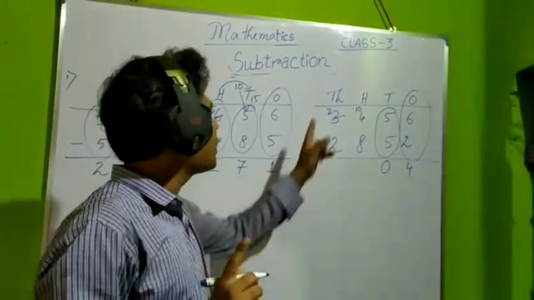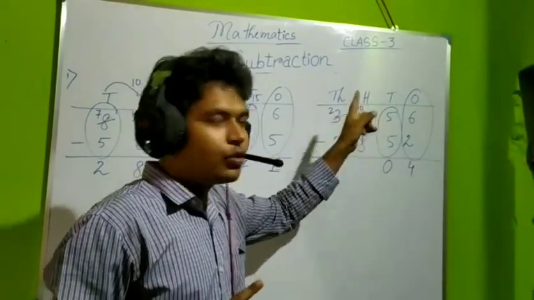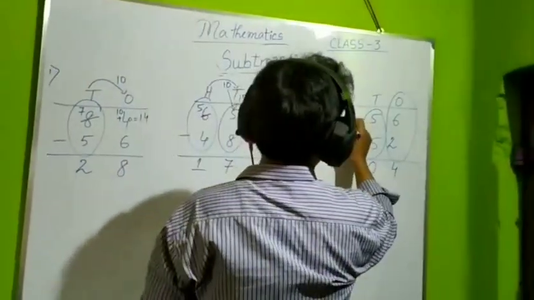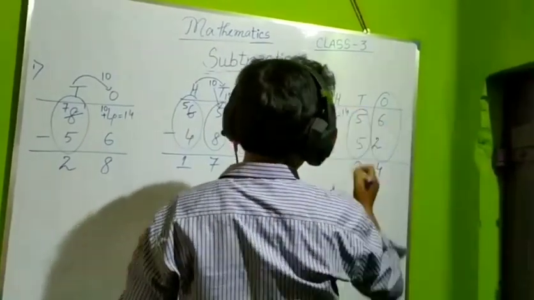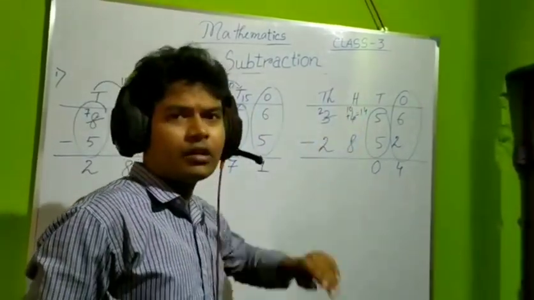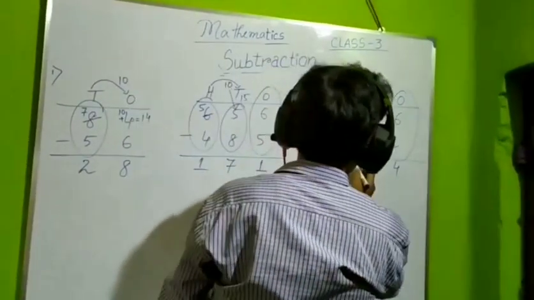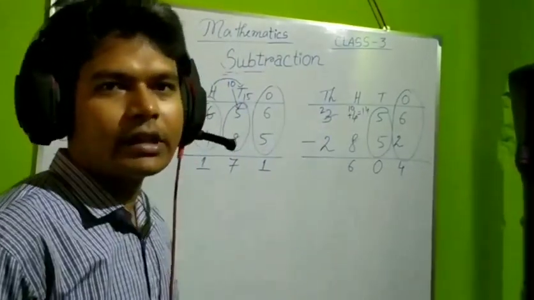So when 1000 comes to 100th place, it is written like 10. So 10 plus 4 equals 14. So we have to subtract 8 from this 14. So 14 minus 8 equals 6.